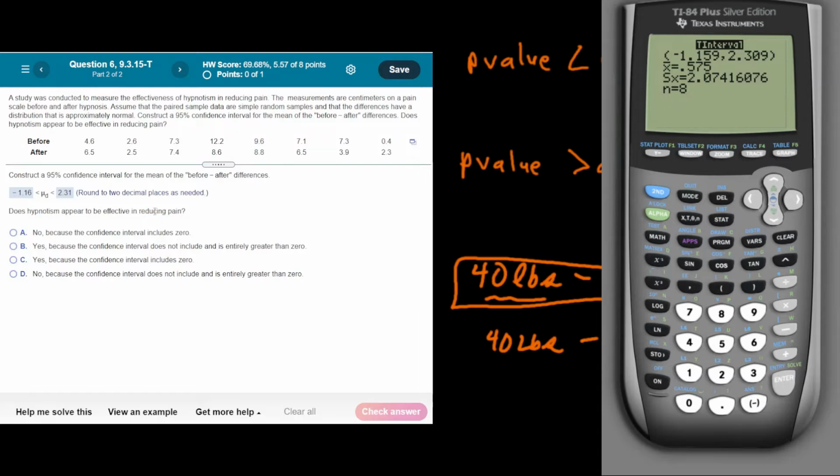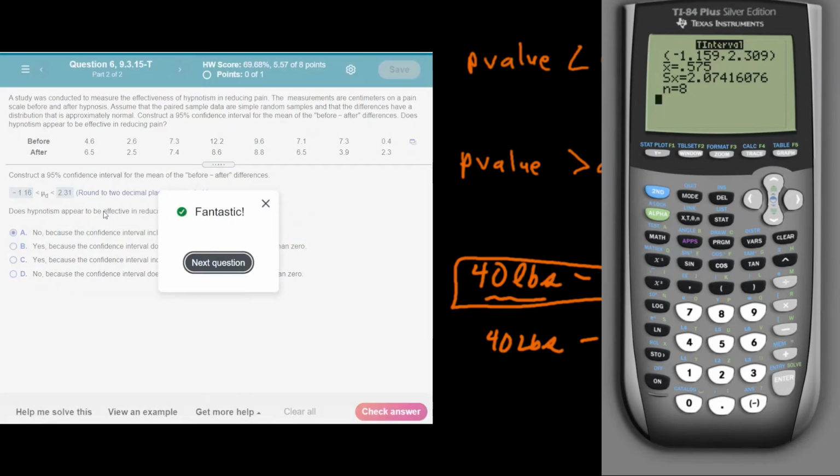No, because it includes 0. Take a look, we have a negative and a positive, so 0 is definitely in between them, right? So it's either going to be A or C. Does it appear to be effective? No. Yeah, hypnotism doesn't work apparently.